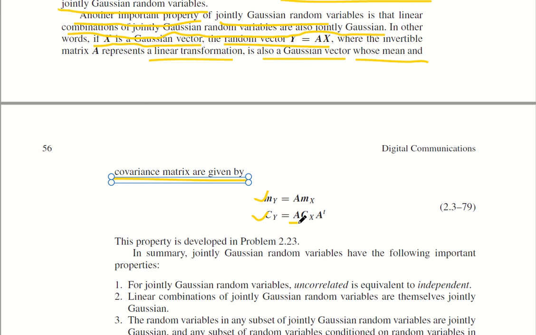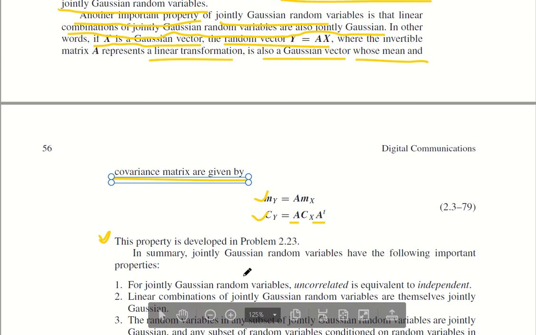Because this is a second order statistic, you have two coefficients, you have A twice, that is A Cx A transpose.